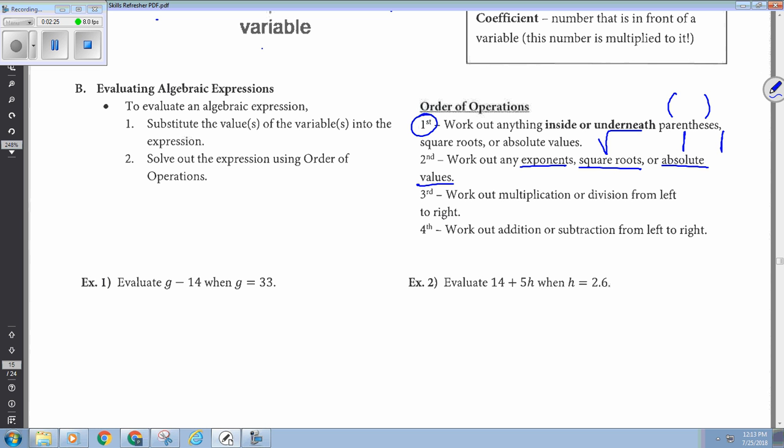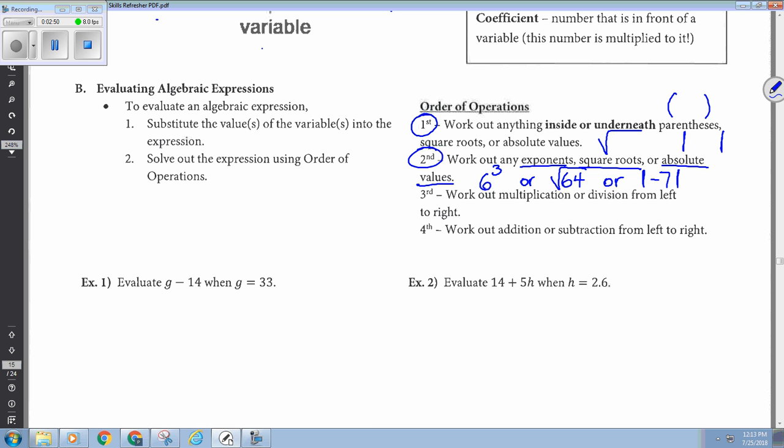So once you have a single number raised to an exponent, or a single number that you're taking the square root of, or a single number that you're taking the absolute value of, then we can go ahead and work it out. That would be your second step.